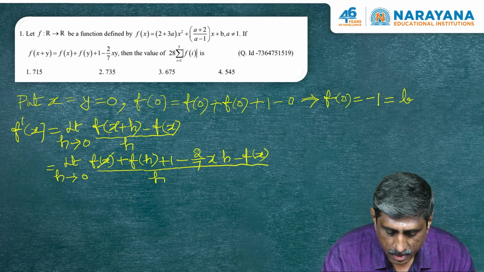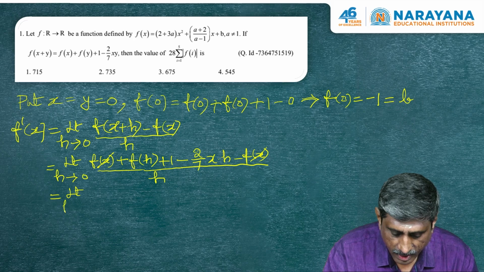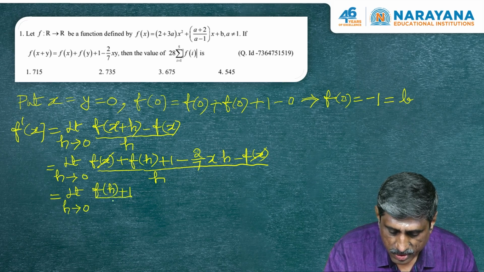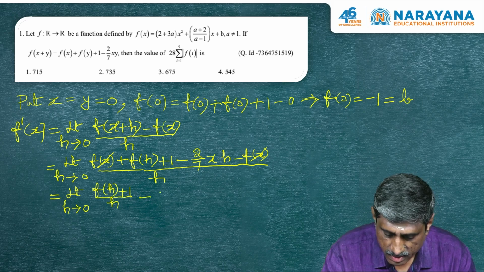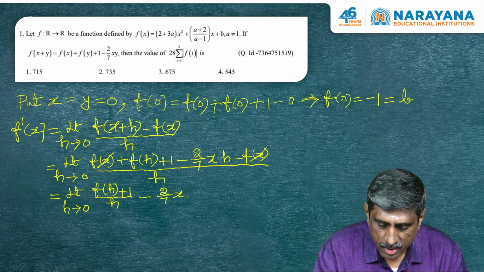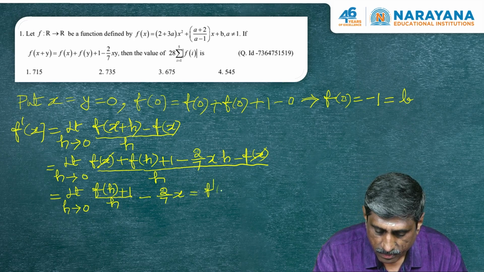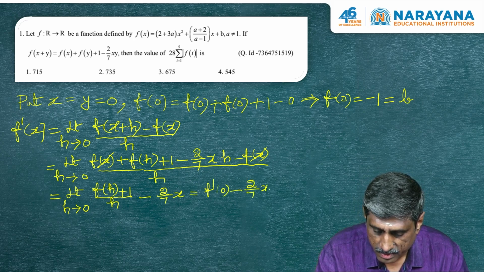And when we cancel f of x and f of x, we are getting limit h tends to 0 f of h plus 1 divided by h minus 2 by 7 into x after cancelling h. And this f of h plus 1 limit is f dash of 0. Therefore, this part becomes f dash of 0 minus 2 by 7 into x.